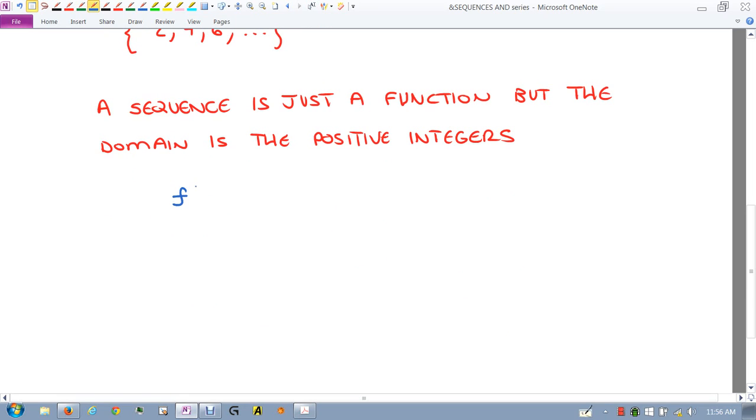If I defined a function right now, f of x, to be equal to x squared, the idea from algebra and everything else is that you can plug any number you want into this and square it. So you could plug in 1, you could plug in 2, you could plug in pi, you could plug in square root of 2, you could plug in anything, right? There's no restriction. So when you graph it, it's a nice, smooth, continuous parabola, right? That's your traditional function. What I'm saying here is a sequence is a function, but the domain is restricted to the positive integers. So it looks more like this.